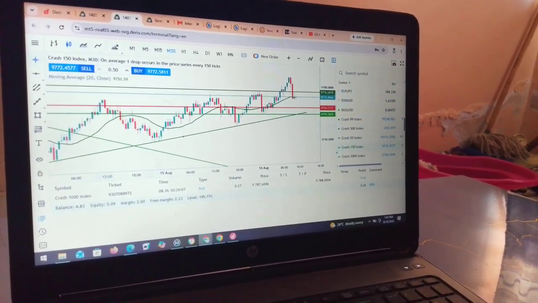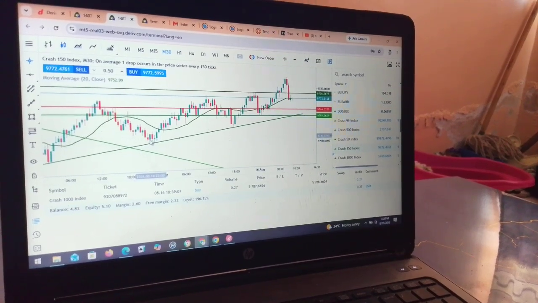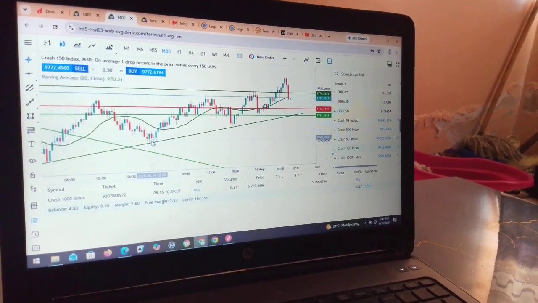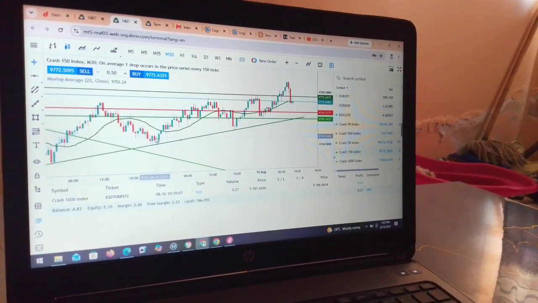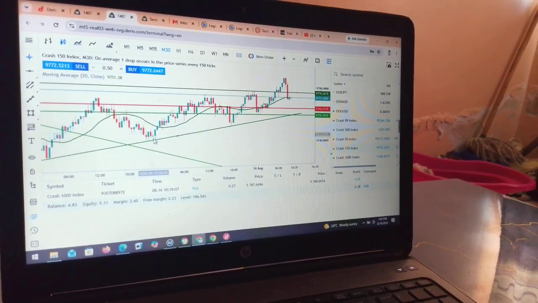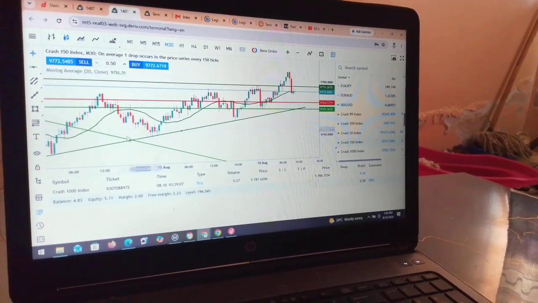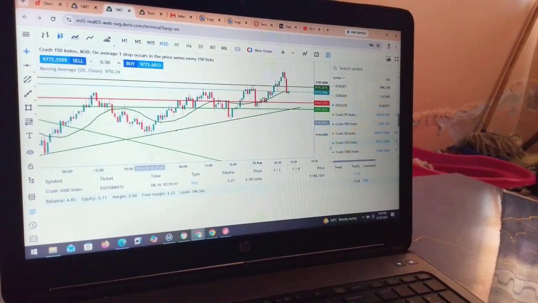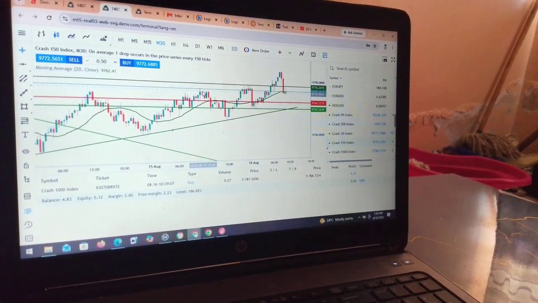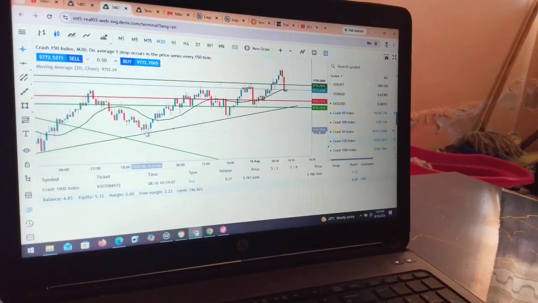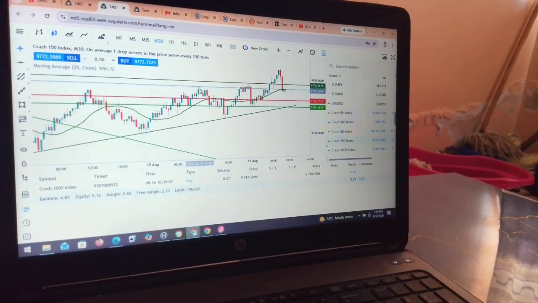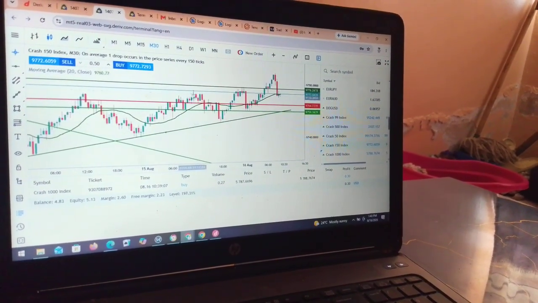As you can see here, this is where we started our trade, around the 14th at 23:30 p.m. This is where the journey started. We had this lower low, and then we got this lower high, and this higher low and high.